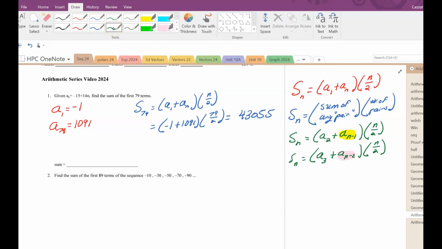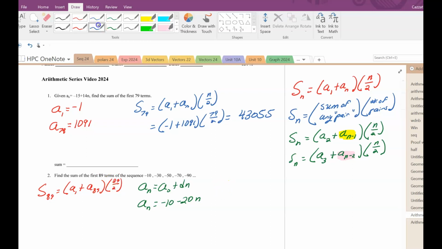Problem number 2 is very similar, but this time you might need to find the explicit formula. The common difference is equal to negative 20, and the term before the negative 10, meaning the a0, I'm going to write that down. So a0 is equal to negative 10, and the common difference is negative 20. So that is the explicit formula. So the sum of the first 89 numbers is (a1 plus a89) times 89 over 2.